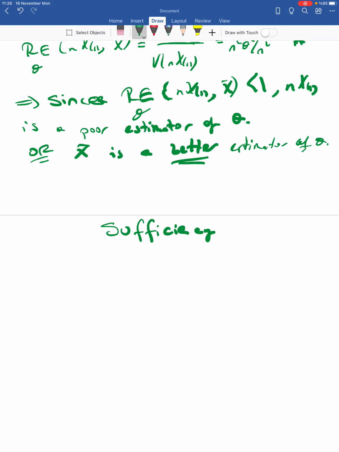Okay, so if we don't have all x1, x2, ..., xn, we can find a good estimator using a sufficient estimator.